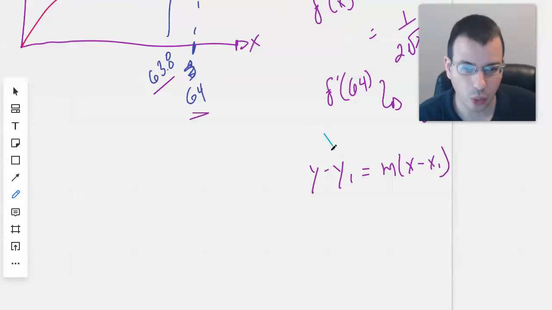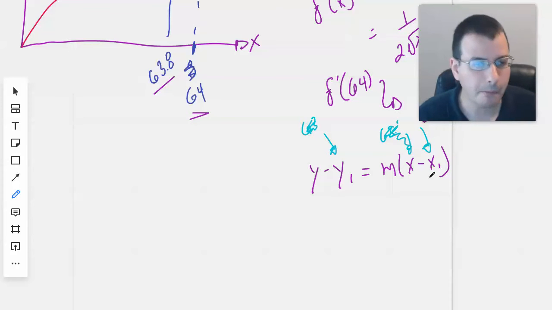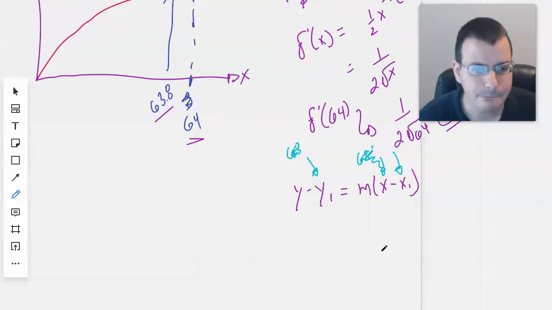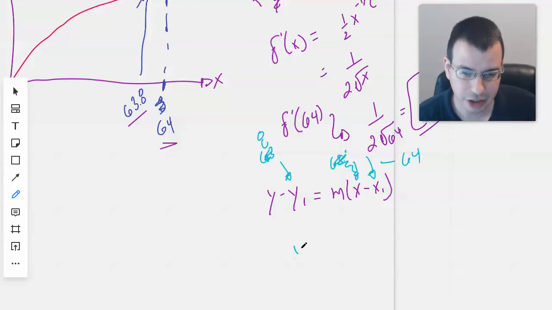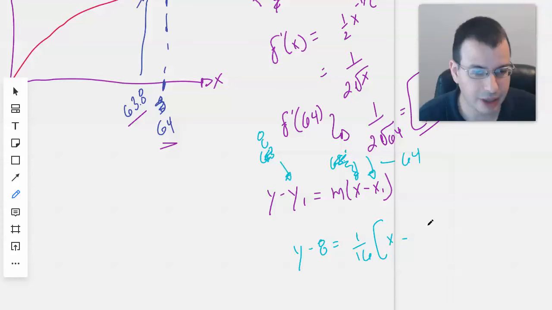We know x equals 64 and y equals 8. So y minus 8 equals 1/16 times x minus 64.